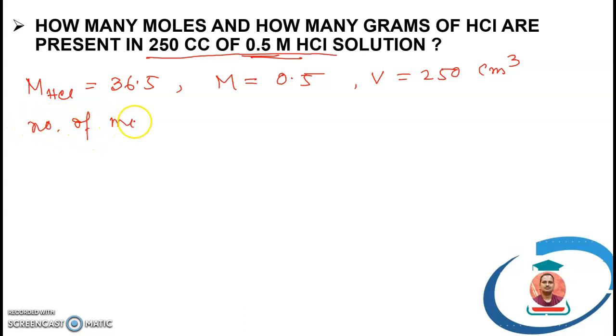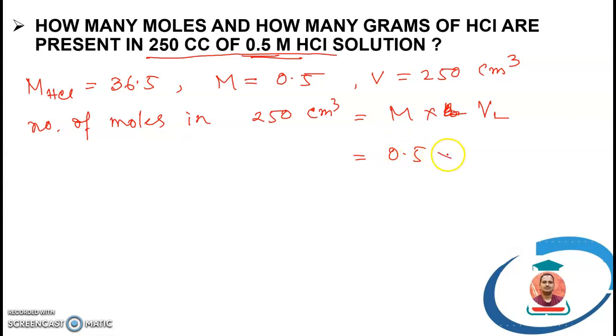Therefore, the number of moles in 250 centimeter cube equals molarity into volume in liters. Molarity is 0.5, and the volume is given as 250 cc, so if you divide this by 1000, you get the volume in liters, because 1000 ml or cc equals 1 liter.